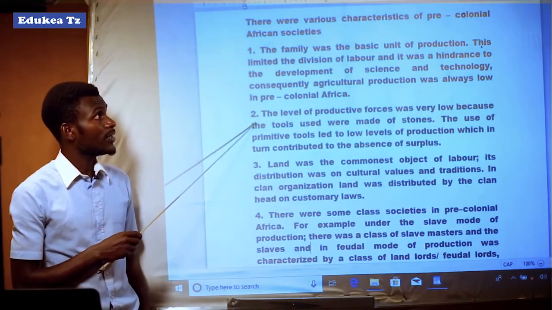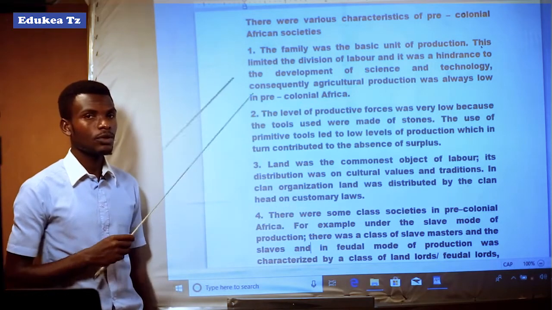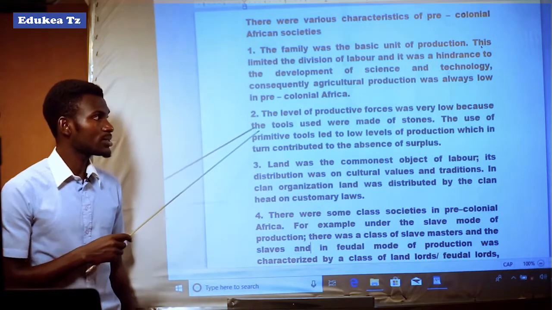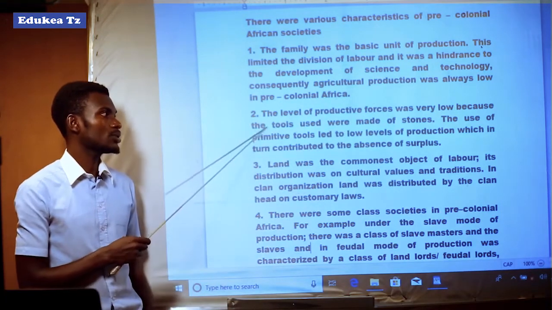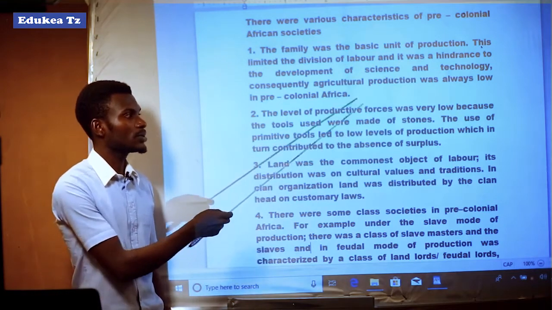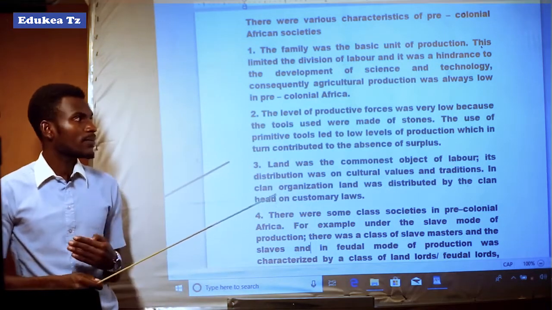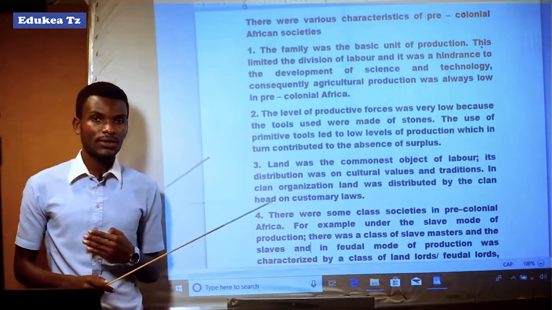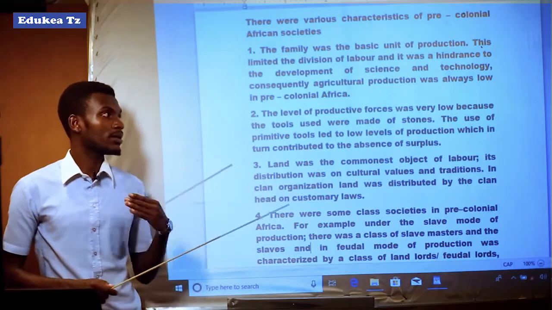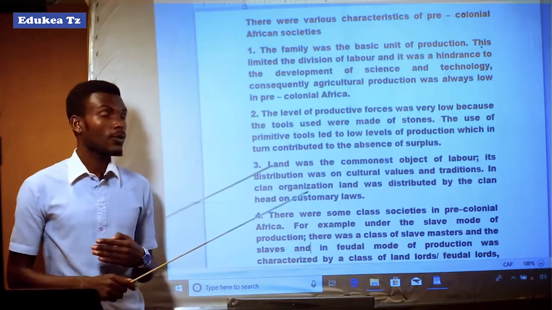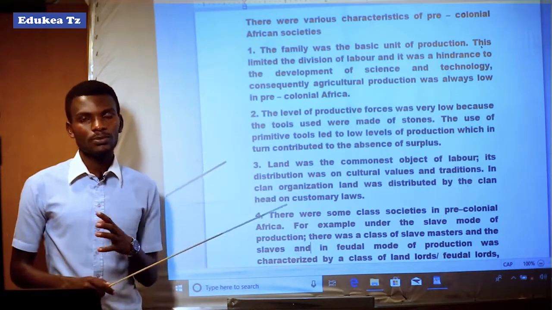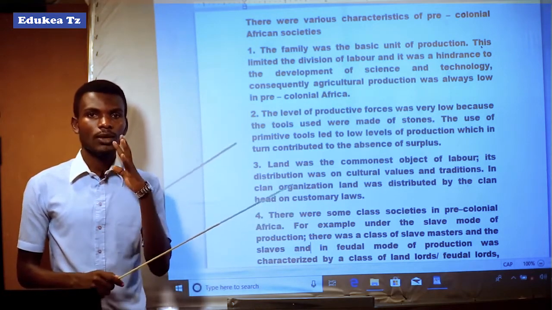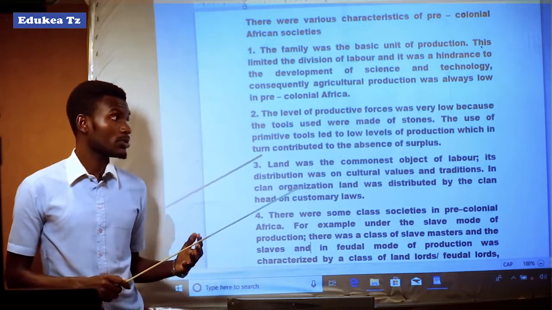The second characteristic of pre-colonial African societies was that the level of productive forces was very low, because the tools used were made of stones.